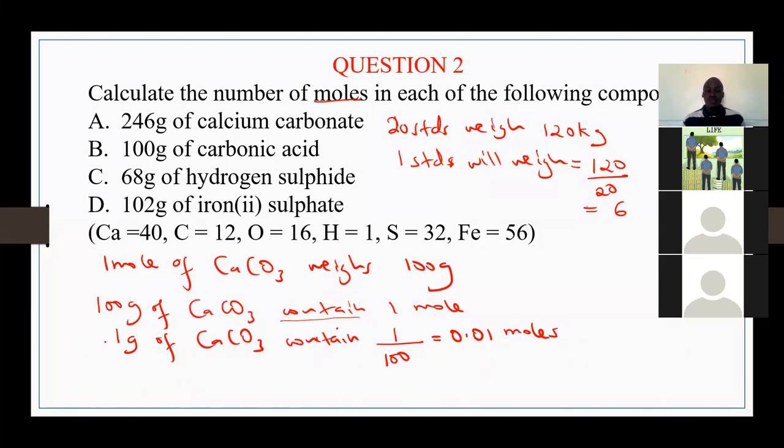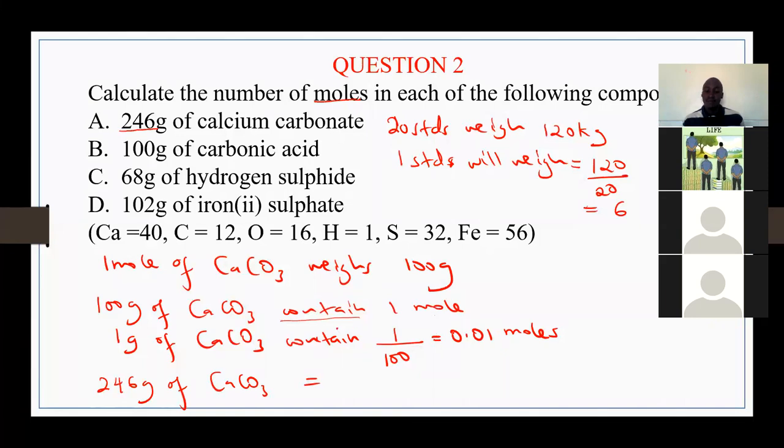So if 1 gram of calcium carbonate contains 0.01 moles, now what about the actual mass that they want us to find? So 246 grams of calcium carbonate will contain what? What can we do here? Okay, Conan.